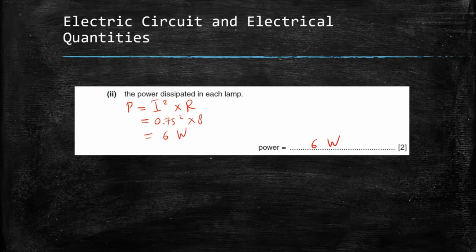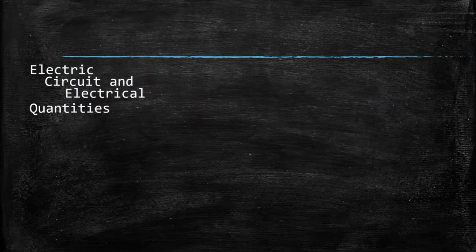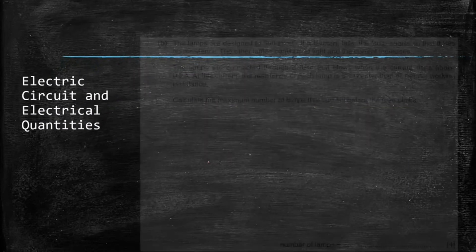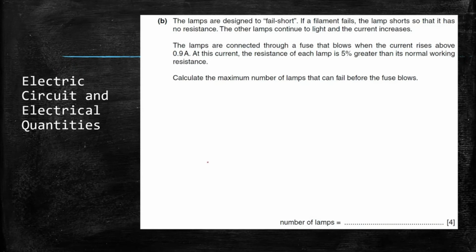Question 9b. The lamps are designed to fail short. If a filament fails, the lamp shorts so that it has no resistance. The other lamps continue to light and the current increases.